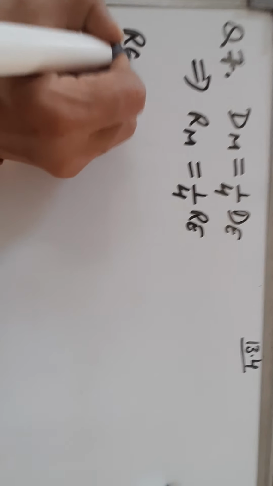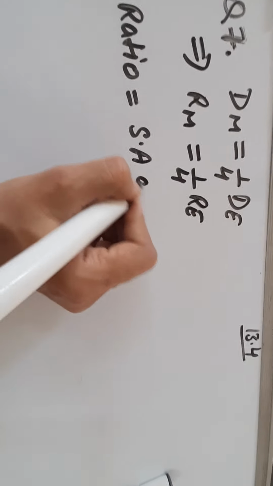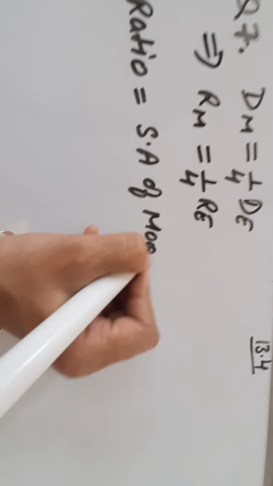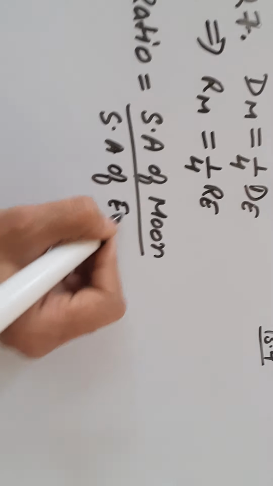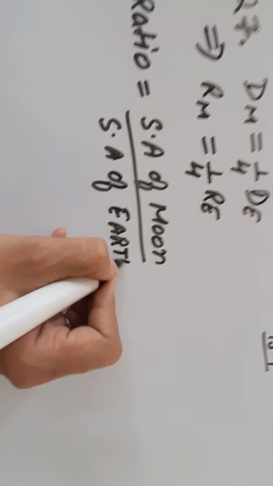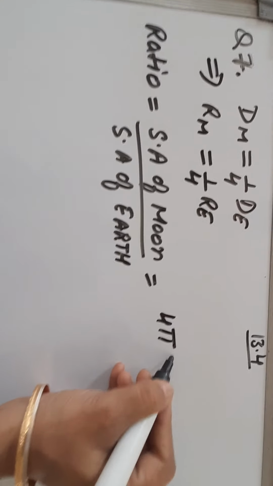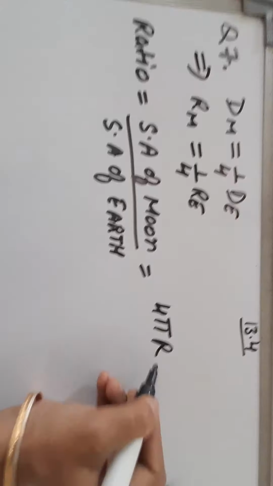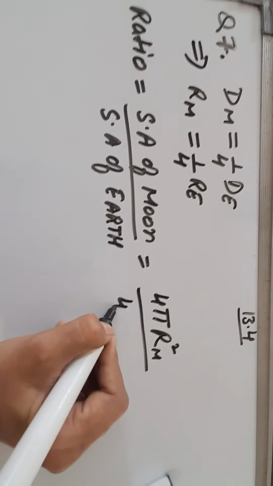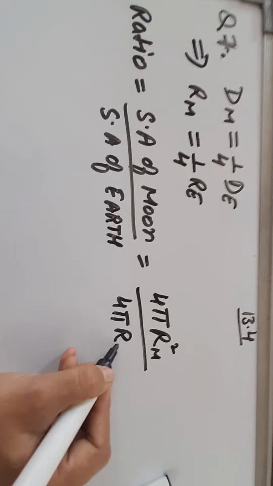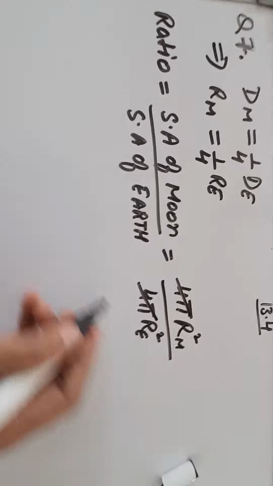We need to find out the ratio of the surface area of moon to the surface area of earth. As both are spherical, we know the formula 4 pi r square. Here we'll take the radius of moon whole square upon 4 pi, but here it is the radius of earth square. So cancel out 4 pi, 4 pi.